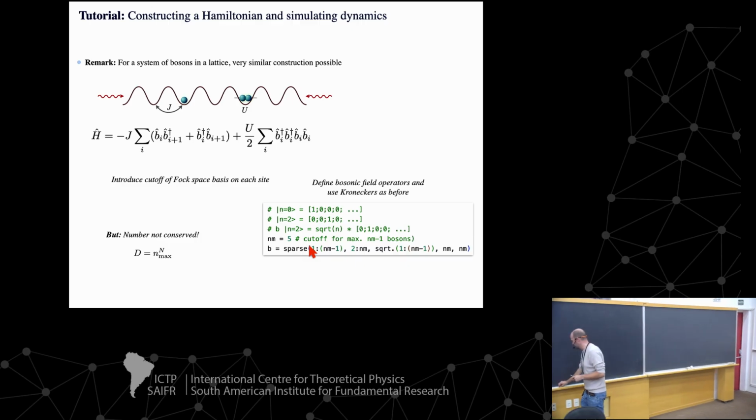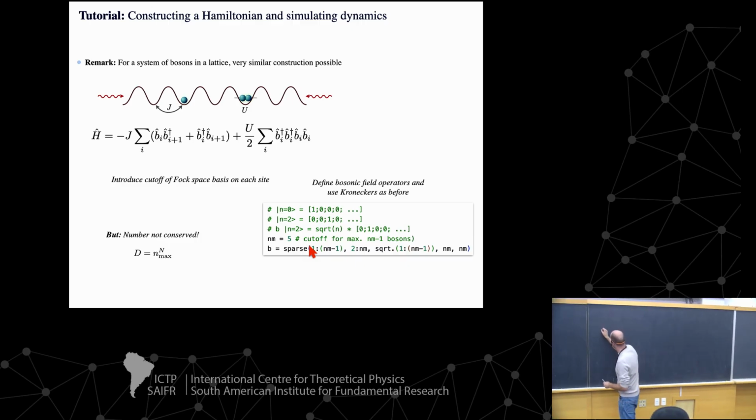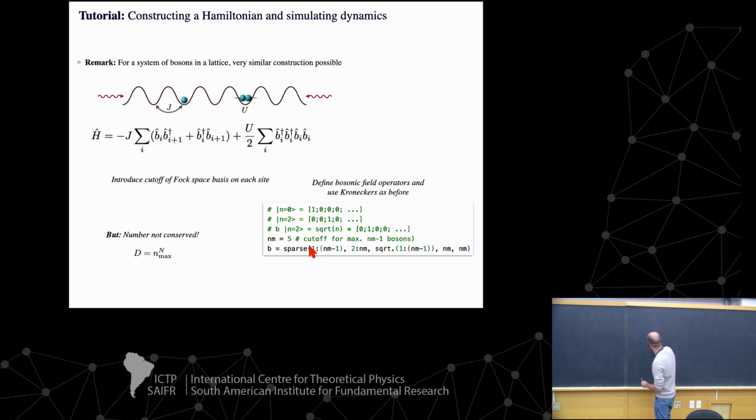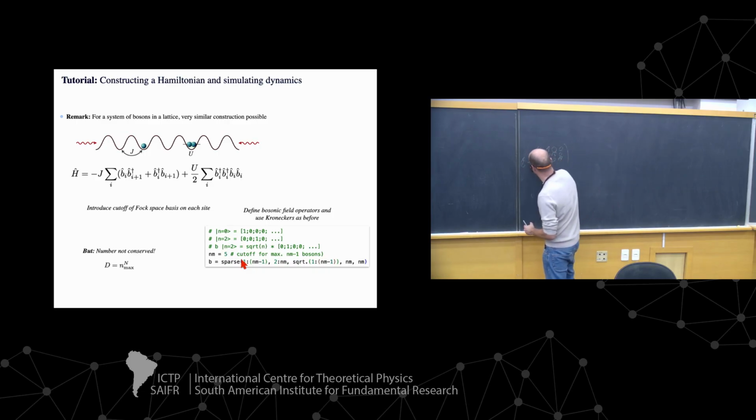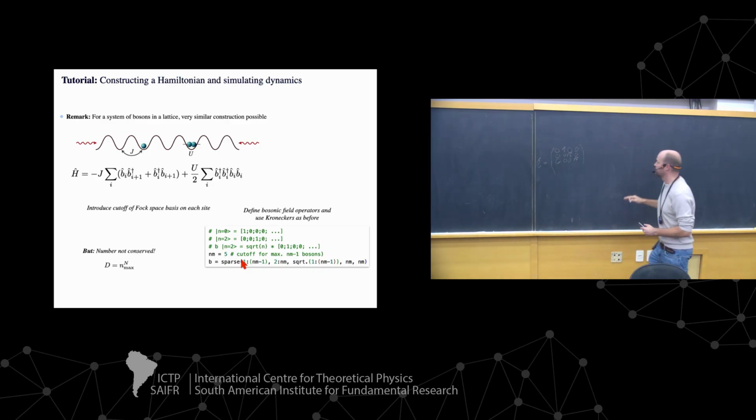Before, our spin lowering operator was really the matrix where I had 0, 1, 0, 0 here. The bosonic ladder operator is just that I have a square root of 2 here, 0, 0, and then a square root of 3 here, and so on. This would be the typical ladder operator for your harmonic oscillator.